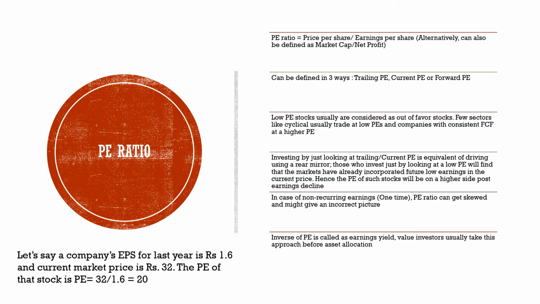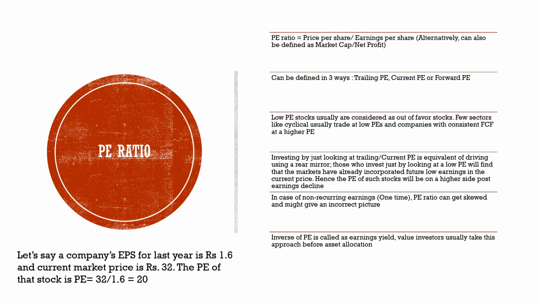And the last point is, basically this P/E ratio usually is used by people who want to decide in which particular asset class they want to invest. From a very macro perspective, it is helpful. Let's say Nifty has a P/E ratio of, let's say, 25.